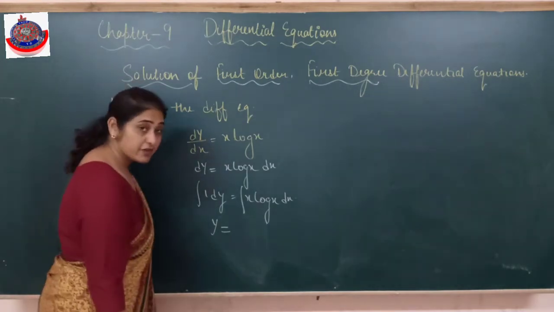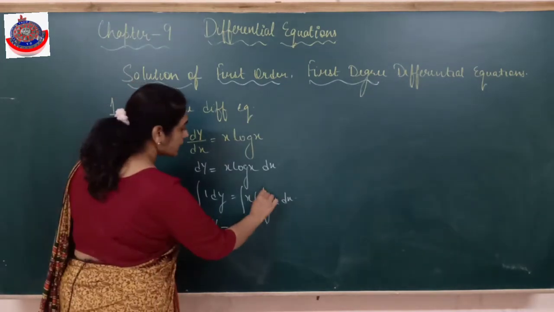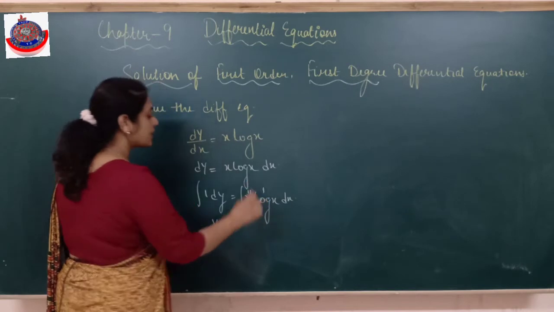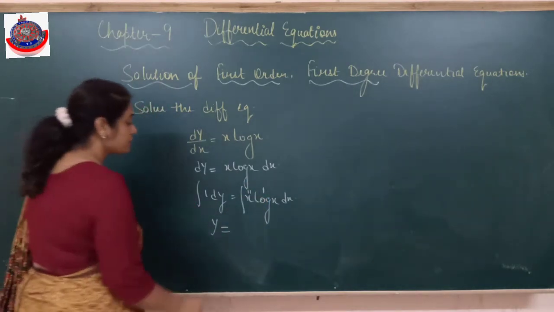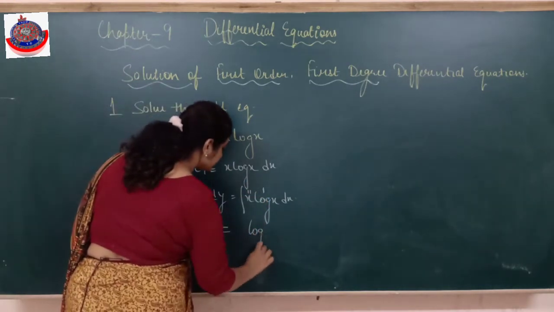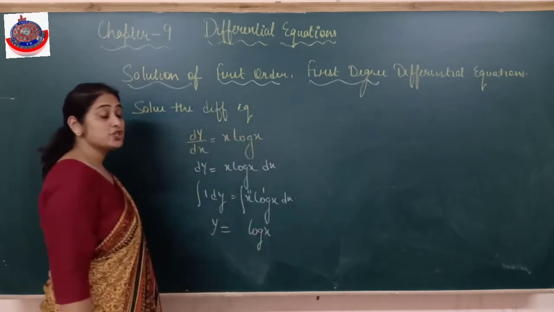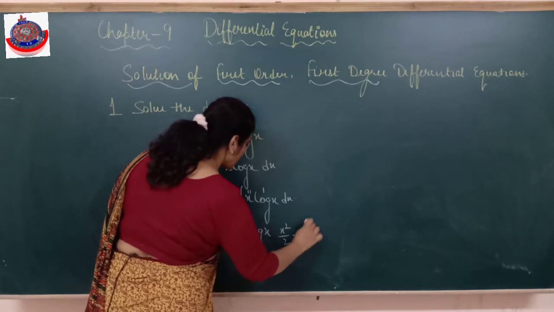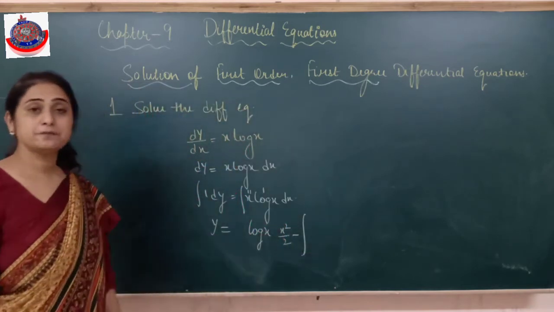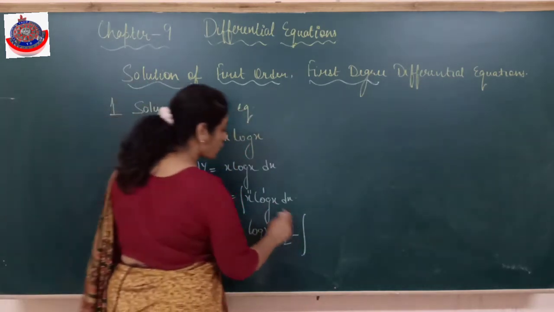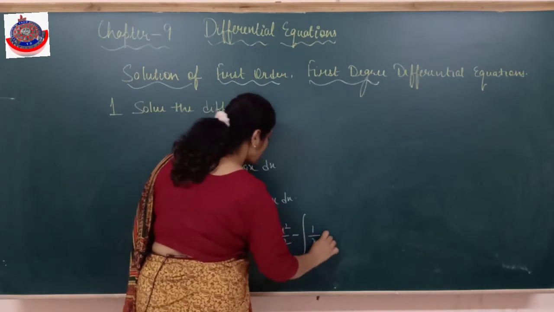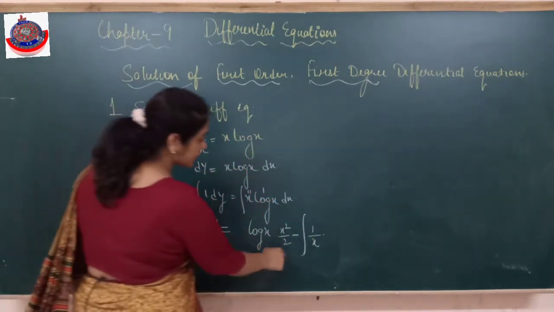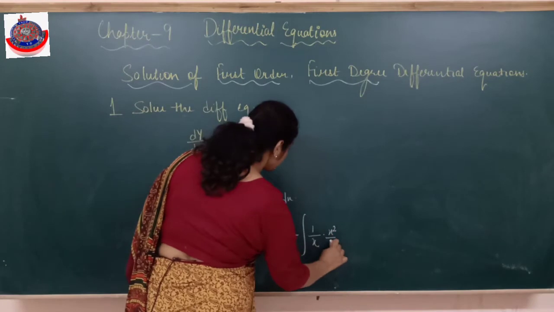First of all, we choose the function ILATE. This will be the first function, this would be the second function. Alright, first function as it is, integration of second, x की integration, x square by 2 minus integration of differentiation of log x, that is 1 by x, into integration of second that we have already integrated.